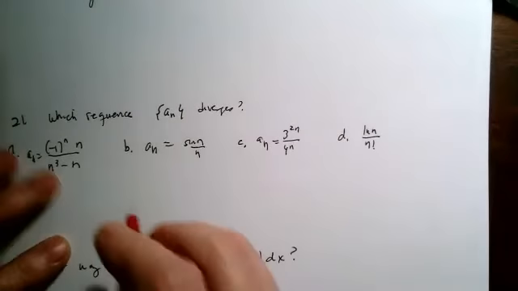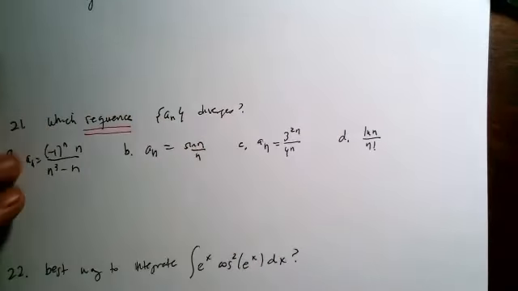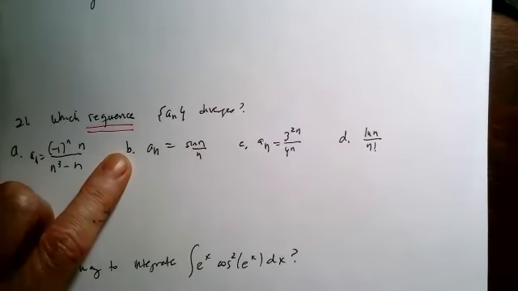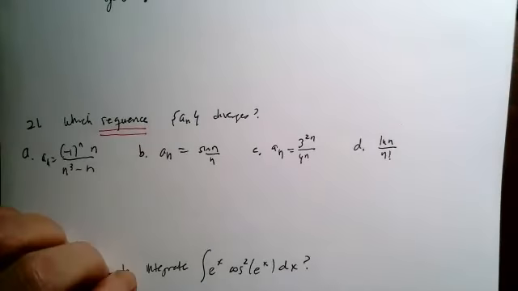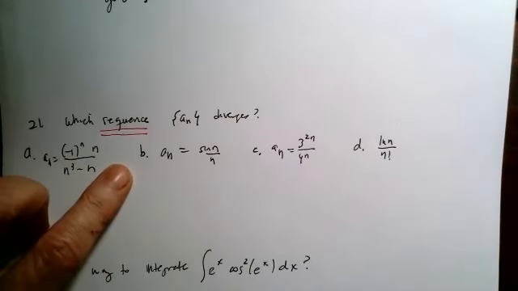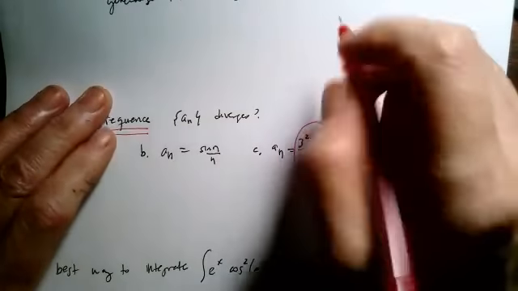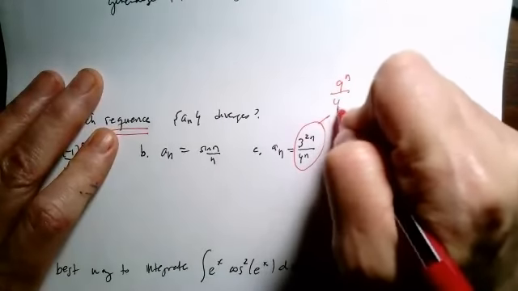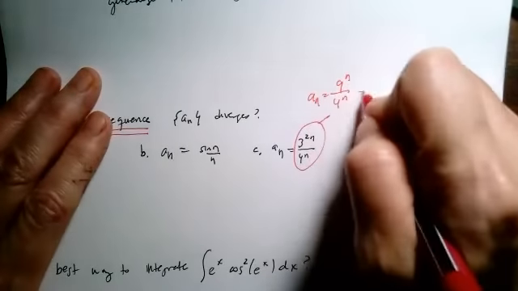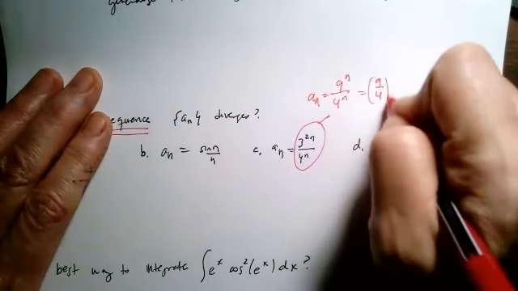Okay, number 21. This is a sequence. Which sequence diverges? Okay, and if you got sharp eyes, you don't have to actually work them out. I know already. I'm going to rewrite this as 9 to the n over 4 to the n. And that's 9 over 4 to the n.